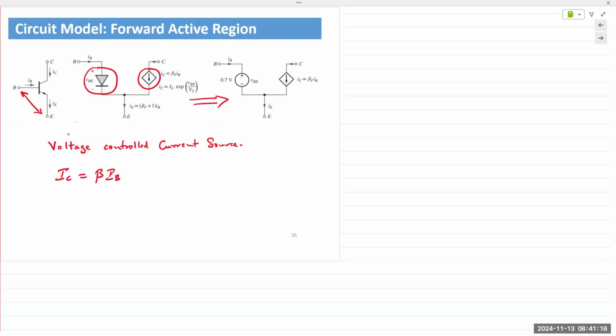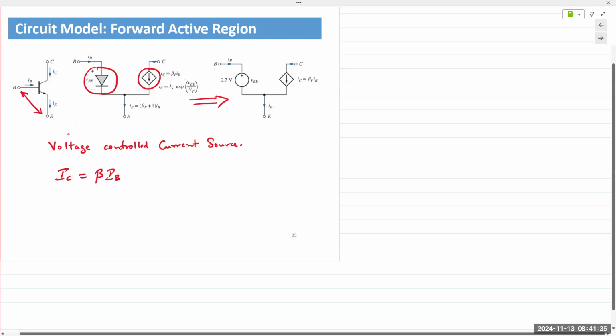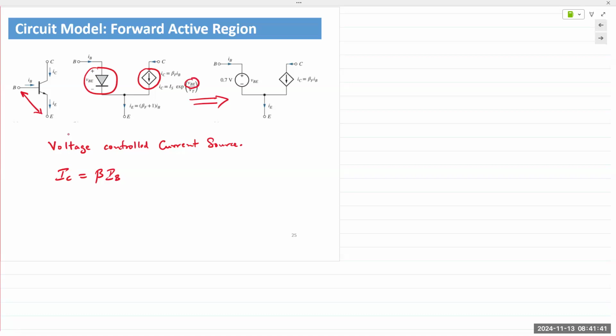It's the ratio of the output current to the input current. IB is the input, IC is the output. And IB itself is a function of the applied voltage at the base, VBE. And so we can describe IC as a voltage controlled current source.